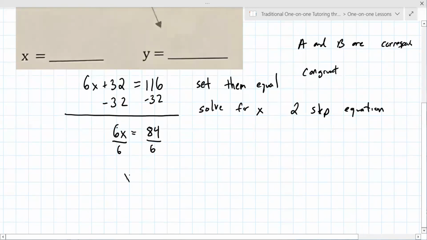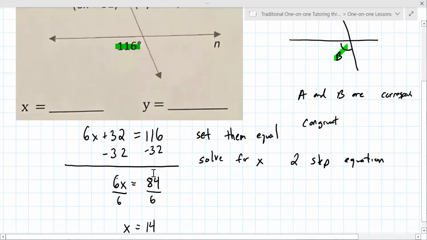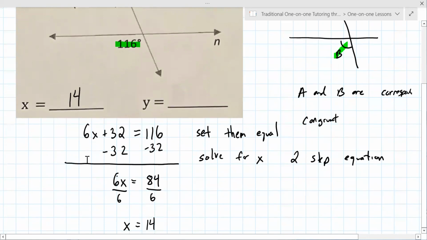X is 14. Good. So that's the first thing that you need to find, that x has a value of 14. Let me know when you've got all that down. I got all that down.